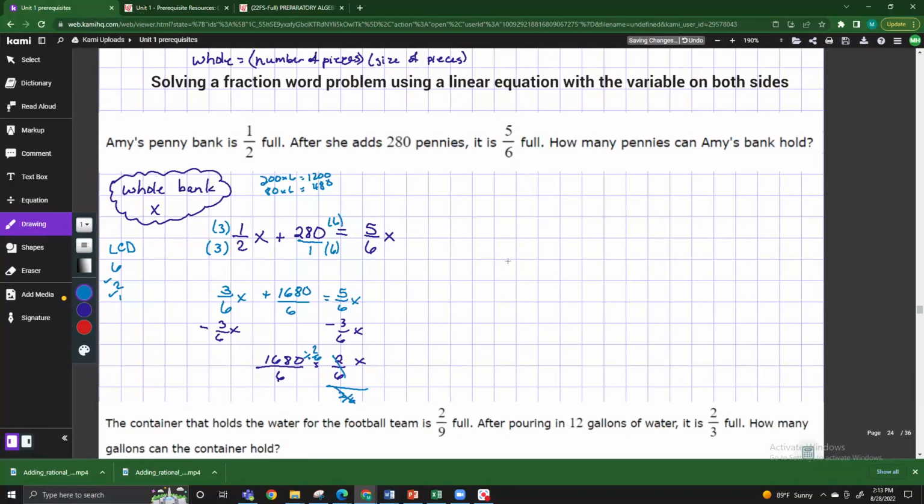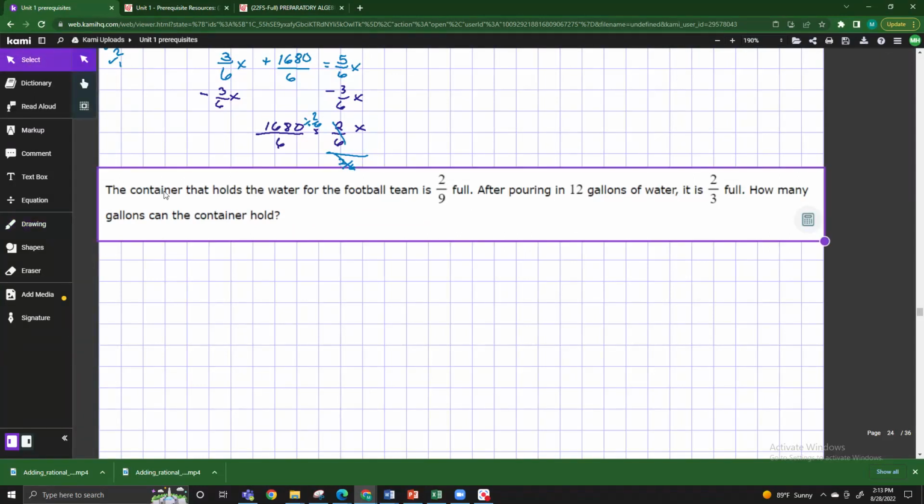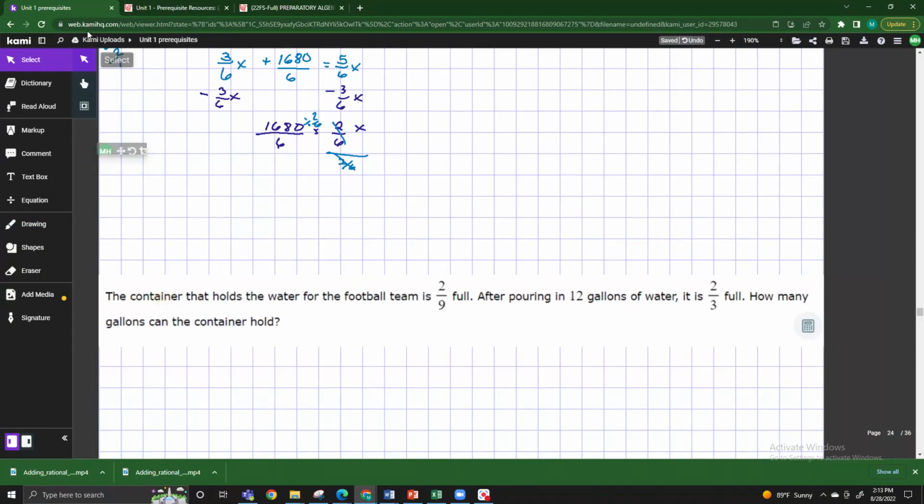I've run out of room, so I'm going to scooch the next problem down just so that I have more space. All right, so looking at what I have: 1680 over 6 divided by 2/6 equals x. So keep, change, flip.